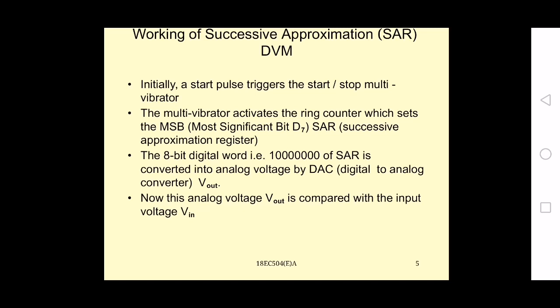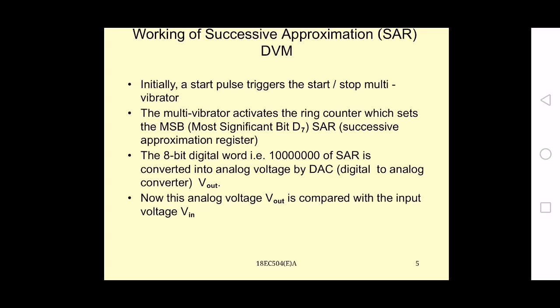Now this V out is compared with your unknown input voltage V in. Again, you have already drawn the block diagram. The unknown input voltage is applied to the input attenuator and amplifier, which will set and amplify the input range, and that is applied to the sample and hold circuit, and then given to the comparator.